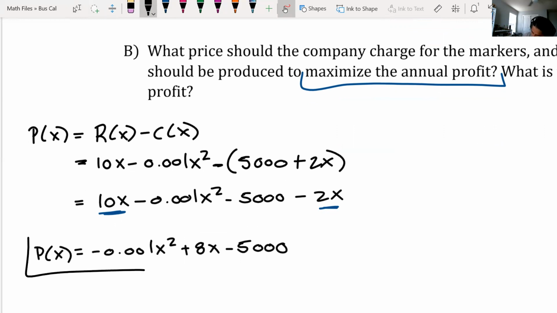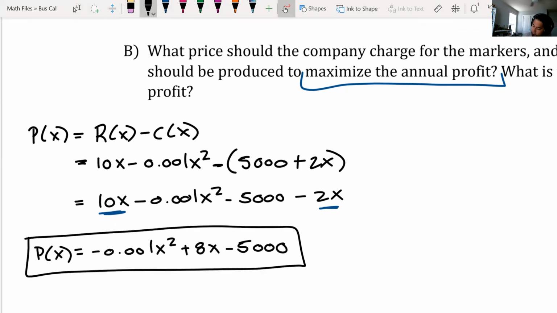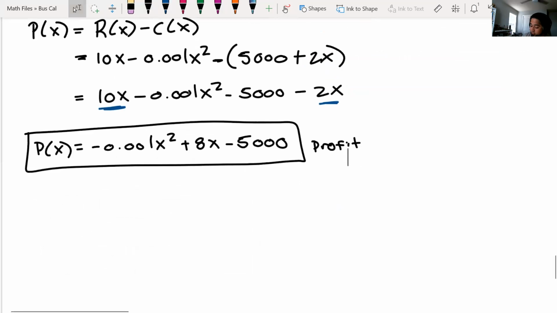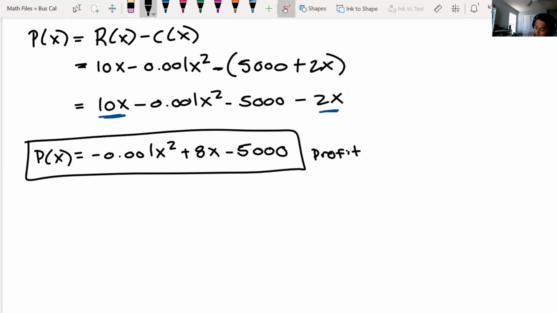P of x, there's our profit function. Okay, so we have profit, and now you know what to do from here. You are going to maximize it. So that means we take the derivative.